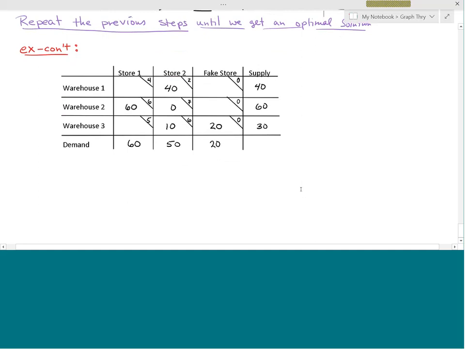Now, the question, of course, is what's the thing that we actually repeat? And the thing we actually repeat is the calculating of the prices to find the new cell to kick out of the solution, deal with the loop to figure out how to adjust these amounts in each of the cells, and then that's the part that we're iterating through. That's the part that gets repeated in the algorithm.